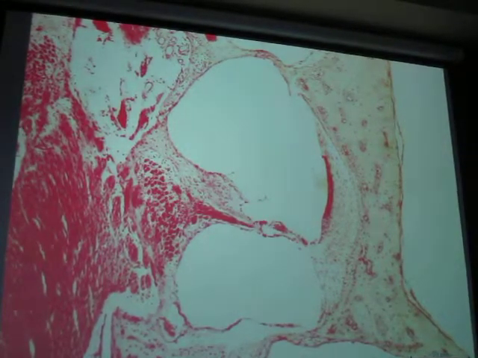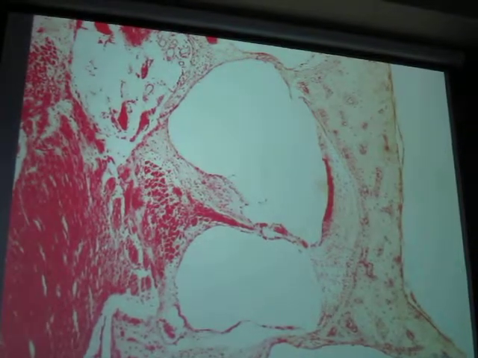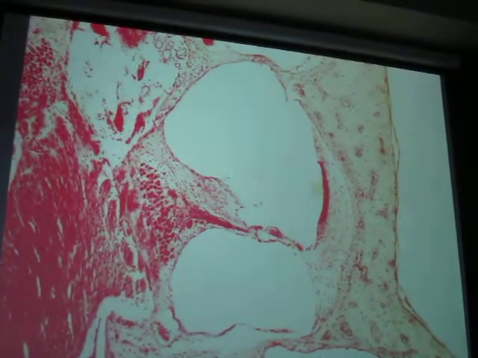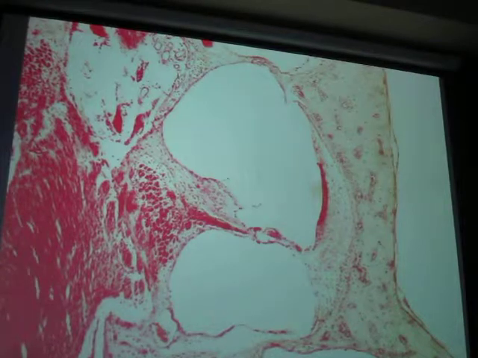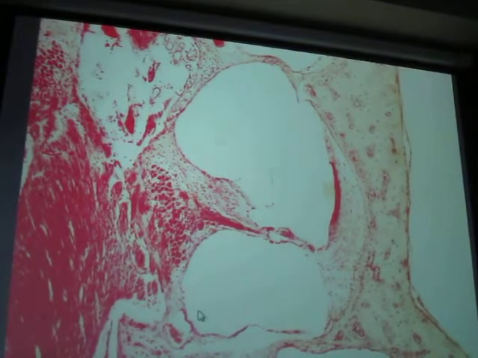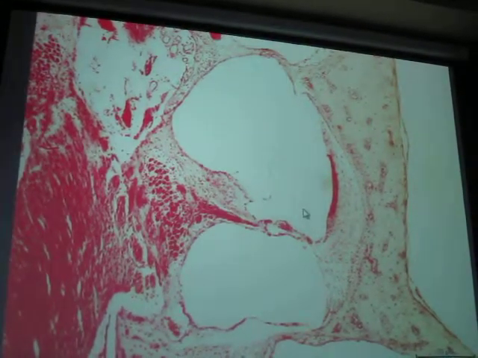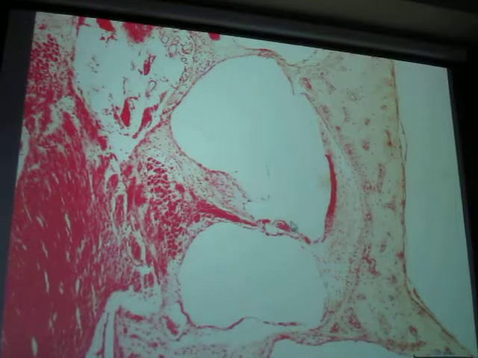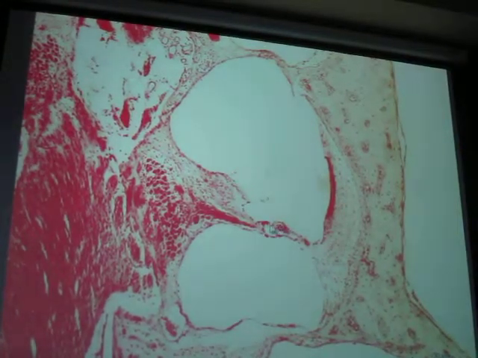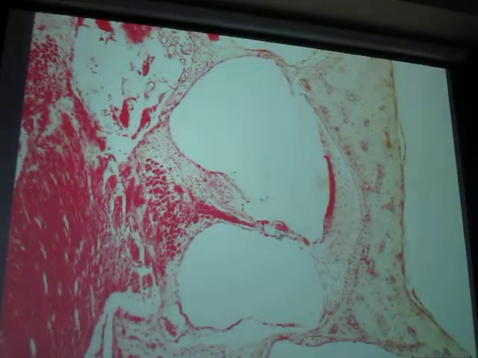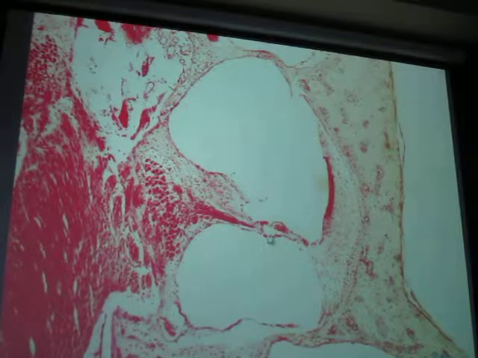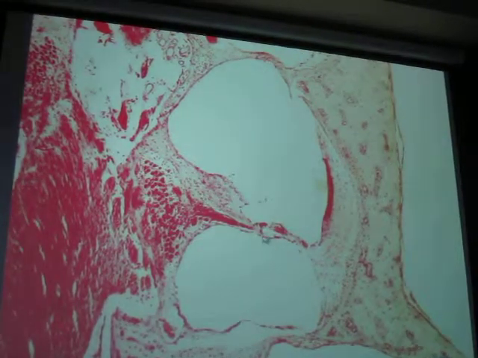what? Divides what? Separates the vestibuli from the cochlear duct. Okay, this is the cochlear duct, this area. And identify this structure, this whole structure.